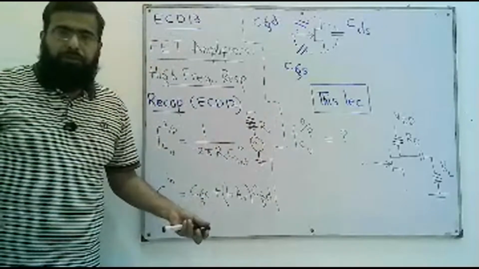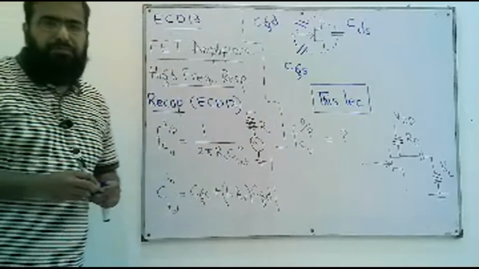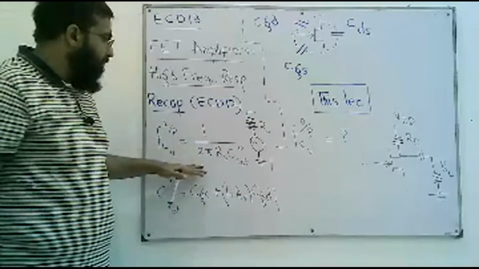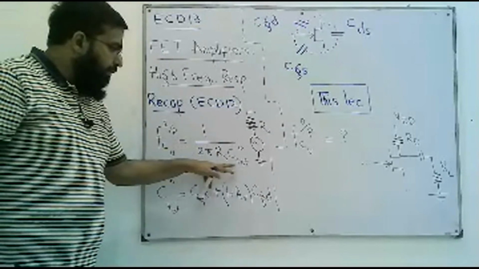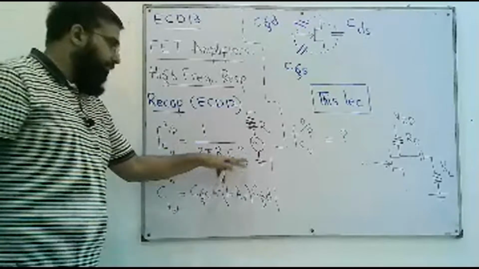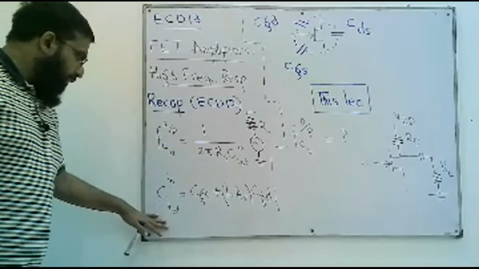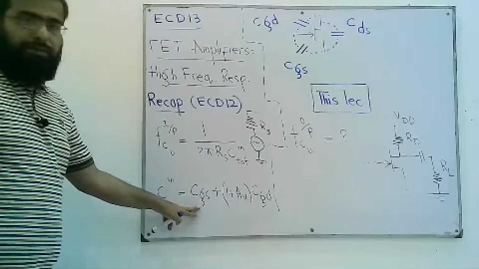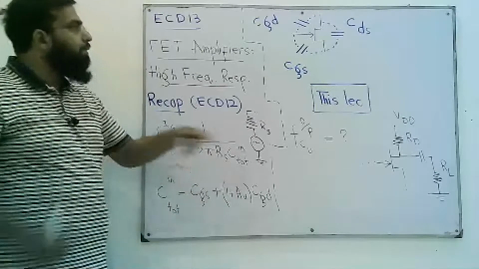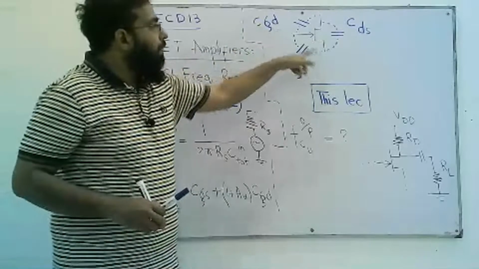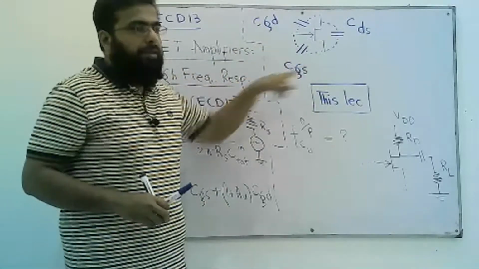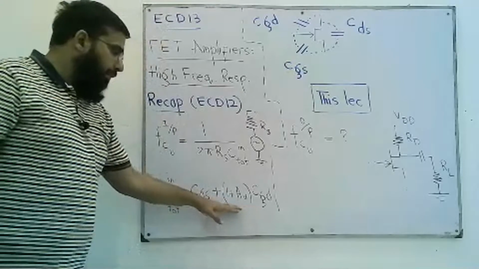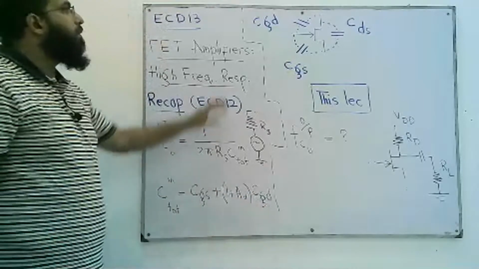The value of this resistance is very small, a few hundred ohms, or even sometimes less than 100 ohms, times C in total. C in total is the gate to source capacitance, the junction capacitance between gate and source terminals, plus the voltage gain plus 1 times CGD.